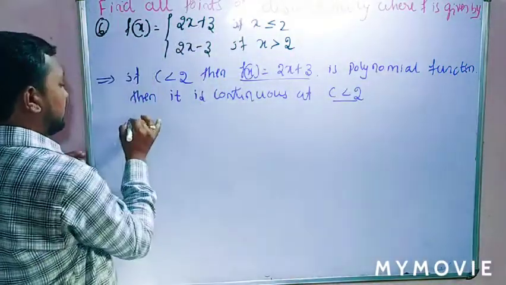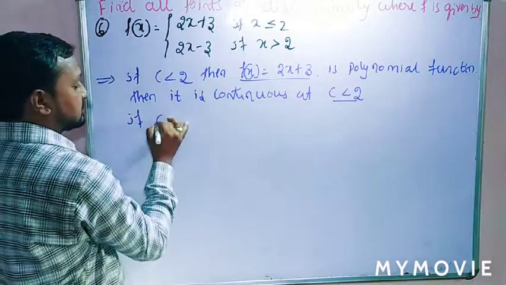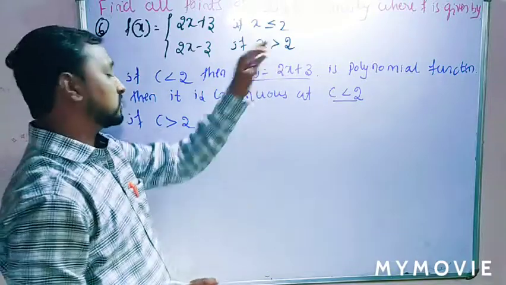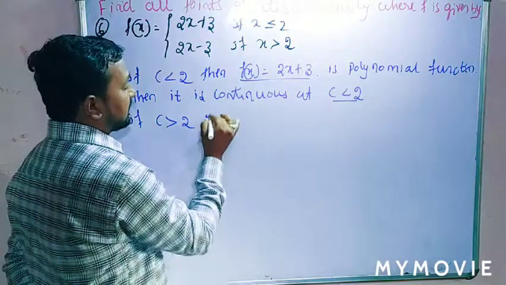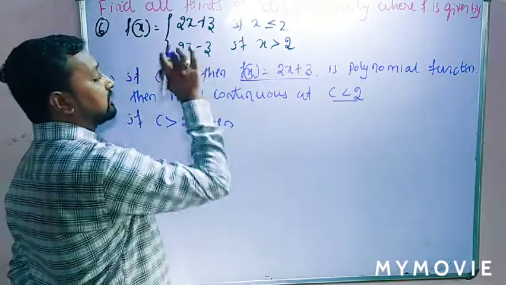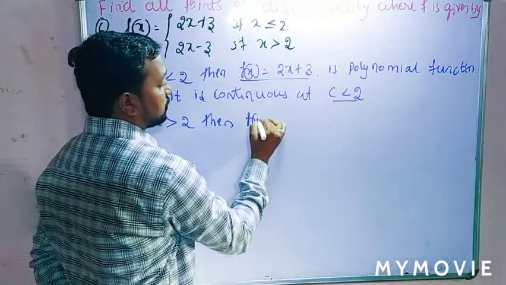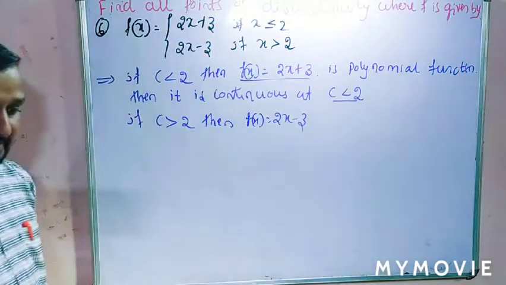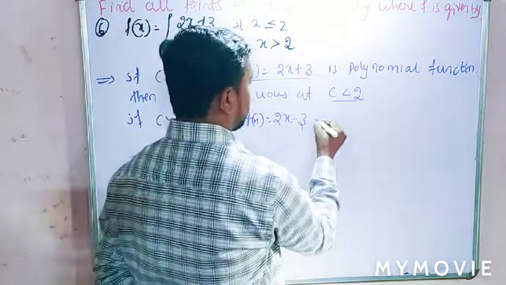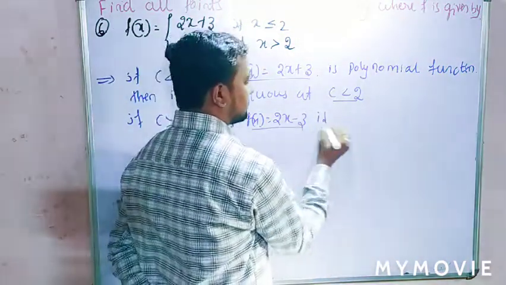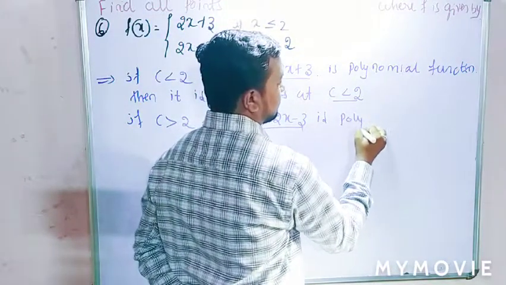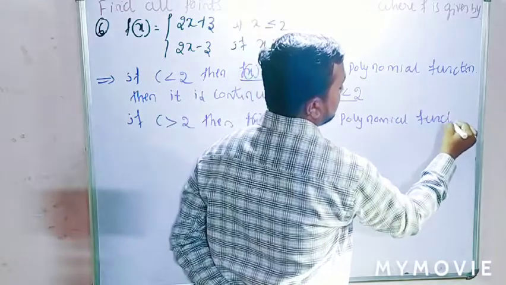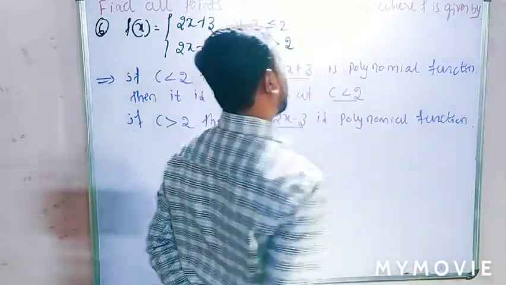Again, if c is greater than 2, the value of x is greater than 2, then your function is f of x equal to 2x minus 3, which is also a polynomial function.